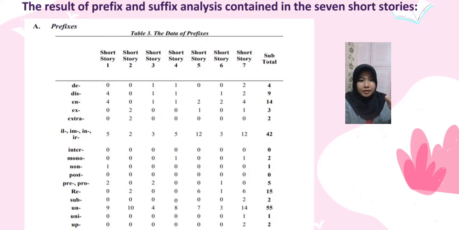In the table, there are various kinds of affixes, or imbuhan in Indonesian. The first table is about prefixes in each story. There are prefixes de, dis, en, ex, extra, il, im, in, inter, mono, non, post, pre, pro, re, sub, un, uni, and up.